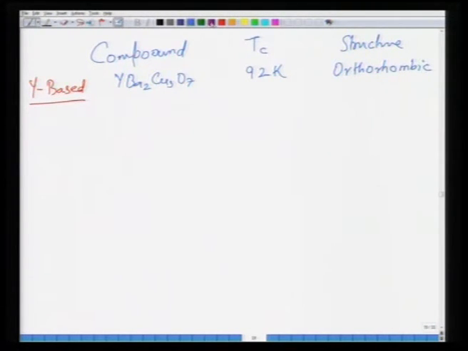Then you have another category of bismuth based materials, a variety of them, such as Bi2Sr2CuO6, which had a Tc of 20 Kelvin and was tetragonal in nature.